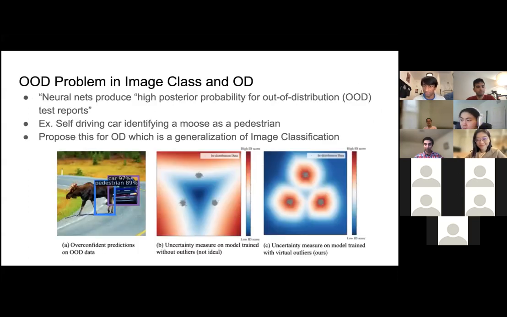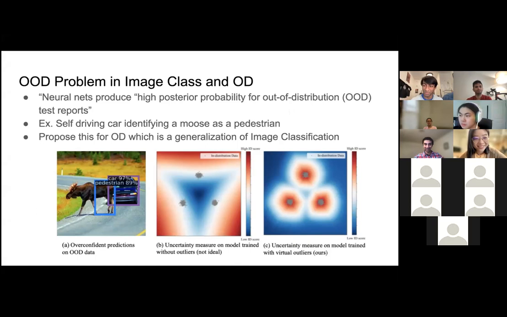Okay, so first, let's introduce this problem of out of distribution samples in image classification and object detection. The paper has this line that neural nets produce high posterior probability for out of distribution test inputs. You can see why this may be an issue in cases like the one they illustrate with self-driving cars, where you could have an image of a moose and you don't have a lot of moose in your training data set.